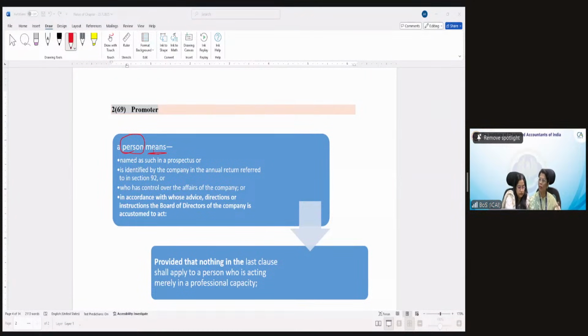Who are they? A person who is named as such in the prospectus, or named in the annual return, or who has control over the affairs of the company, or on whose advice, direction or instructions the board of directors is required to act or is accustomed to act. Such a person shall be termed a promoter. A very clear definition is there.